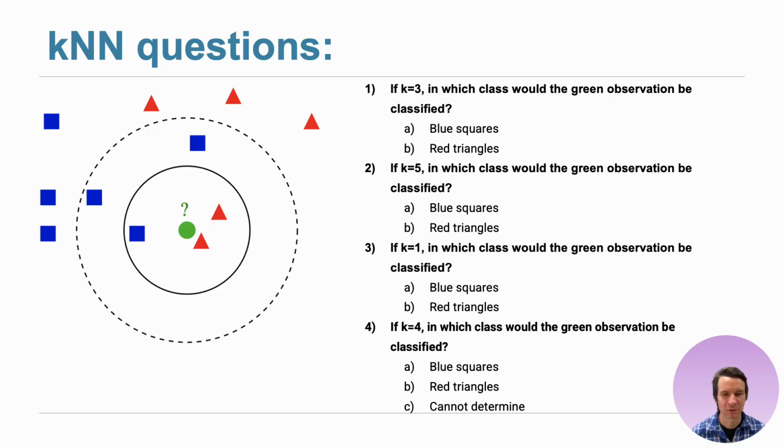If you have k equals 4, then you cannot say, because there are two blue squares that are near and two red triangles. So the classifier cannot determine if the green circle is more like a triangle or more like a square.